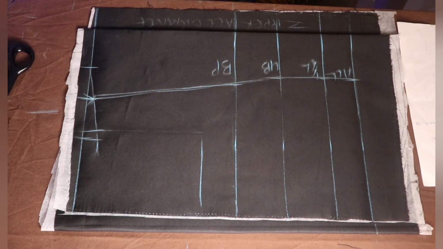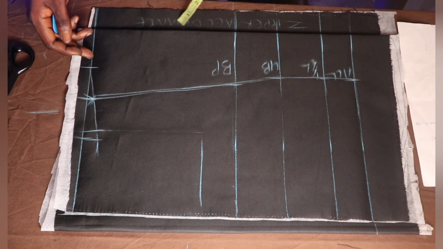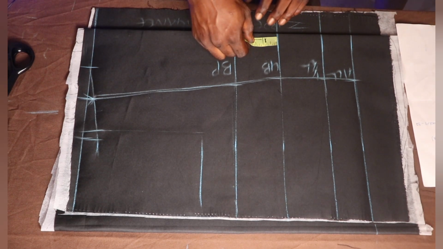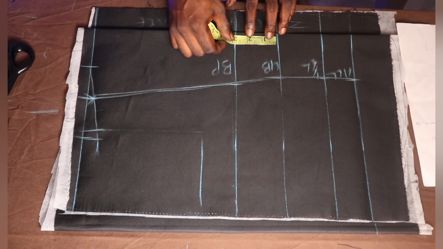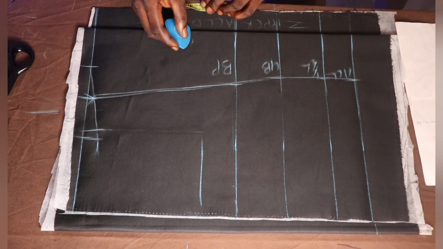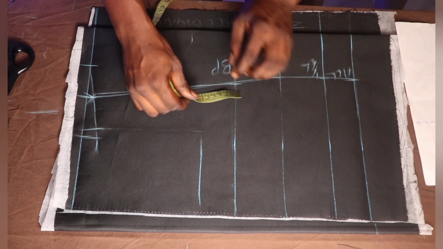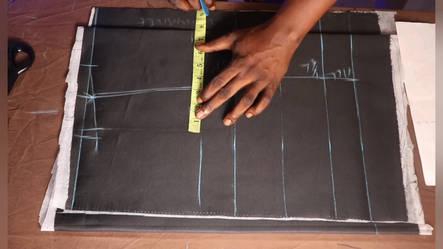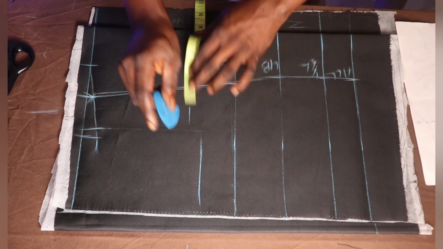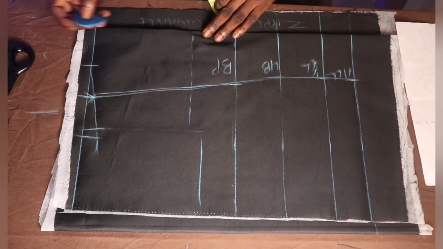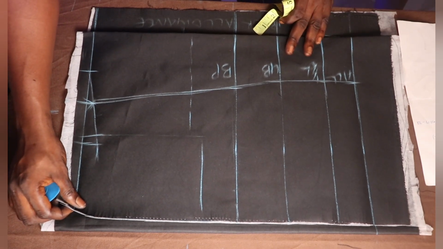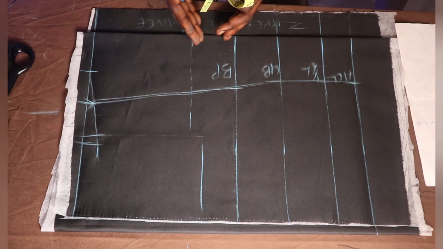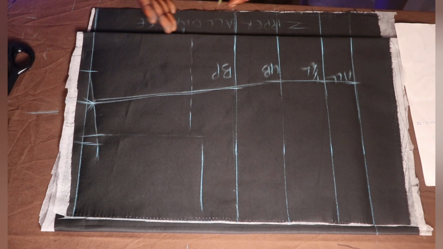To get our neck depth, what I do to guide me on my neck depth is, if I use my under bust here, put 3. So I know if I should pass this line, then I will be revealing cleavage.